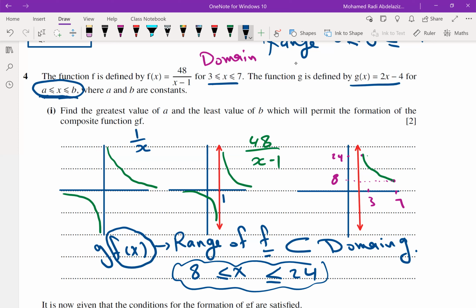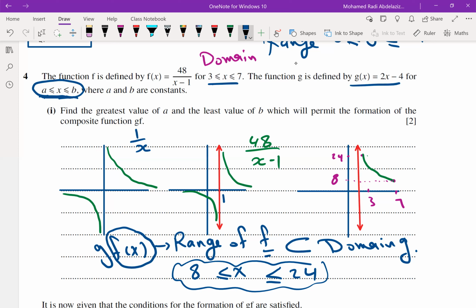You could reduce it and form this function where x is more than 0 and less than 23, but we have a limit to form this function. The range of f has to be part of the domain of g. So you can form it when A is equal to 8 and B is equal to 24. He asked, what is the greatest value of A?